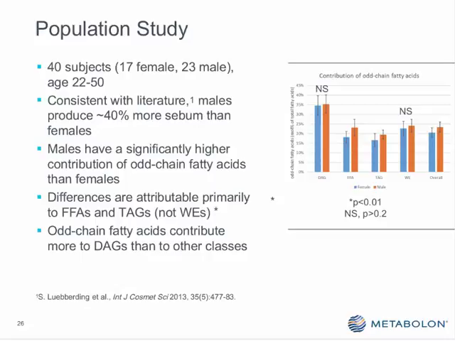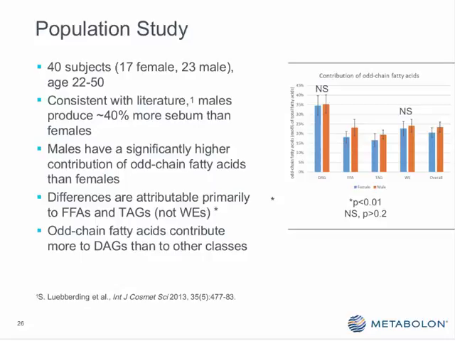But interestingly, and this is one of the things that we could not have seen without that specificity and quantitation that this assay has, that difference was not evenly distributed among the different classes, but those differences were highlighted within the free fatty acids and the TAGs, and not seen in the wax esters.